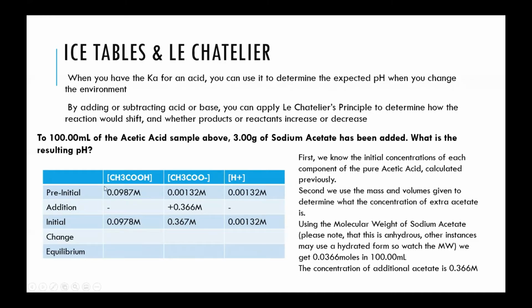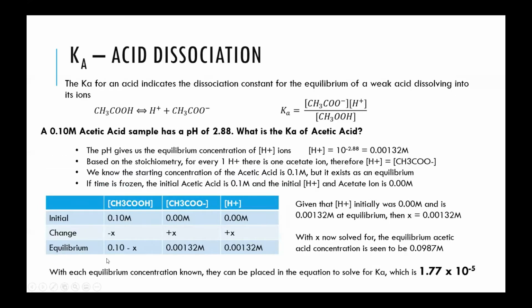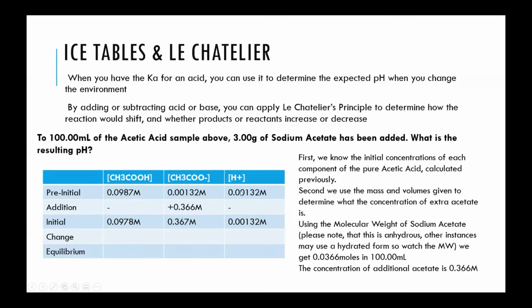So initially, you have, in this example, 100 milliliters of an acetic acid, the same as before. So here are the concentrations, at equilibrium, of the acetic acid, the H+, and the acetate. So right here. And 3 grams of sodium acetate is added.